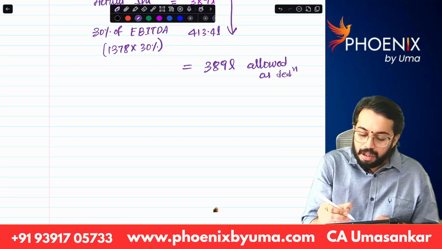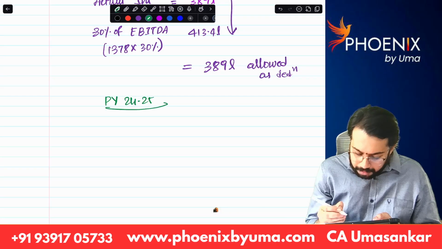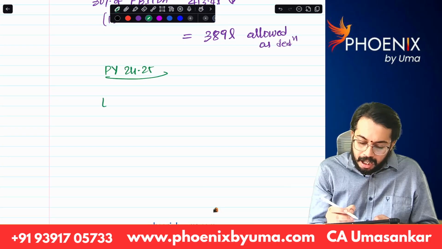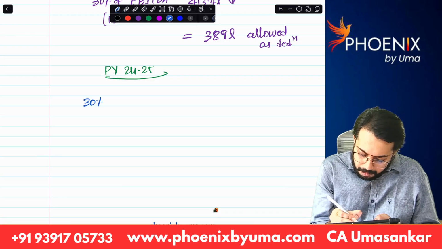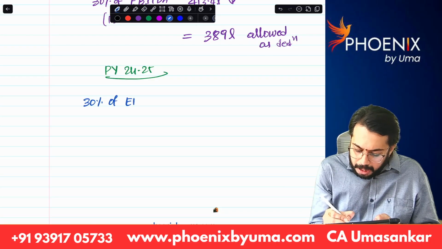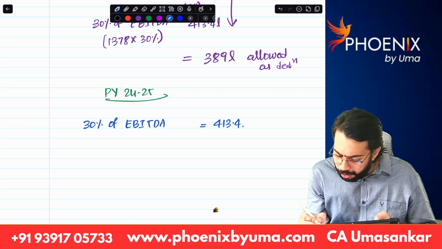Now, in previous year 24-25, how much is 30% of EBITDA? 30% of earnings before interest, tax, depreciation and amortization is 413.4 lakhs.